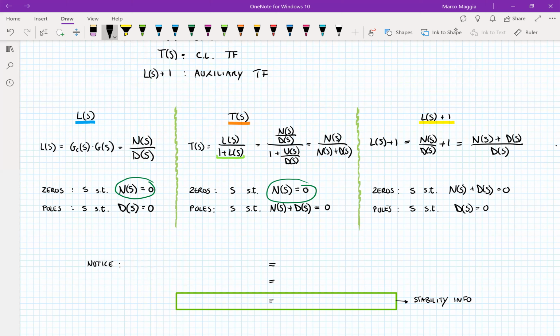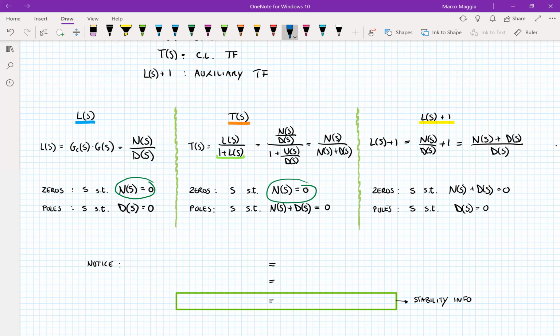So you see here that we really have only 3 equations, and the solutions to these 3 equations provide the information of either zeros or poles of each of these 3 transfer functions.